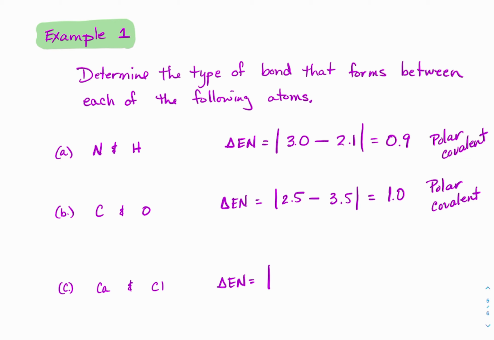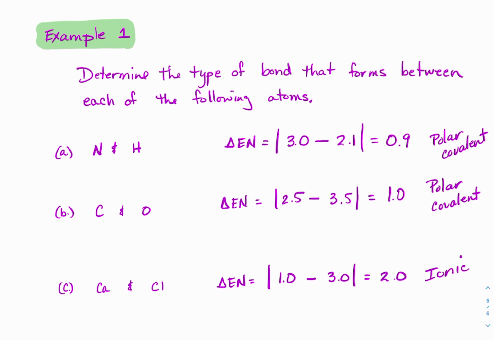Calcium happens to have a value of 1.0 for its electronegativity, but chlorine has a value of 3.0. The absolute value of this is 2.0, higher than 1.8, which puts us in the category of ionic. So this is how you determine whether a bond would be pure covalent, polar covalent, or ionic.